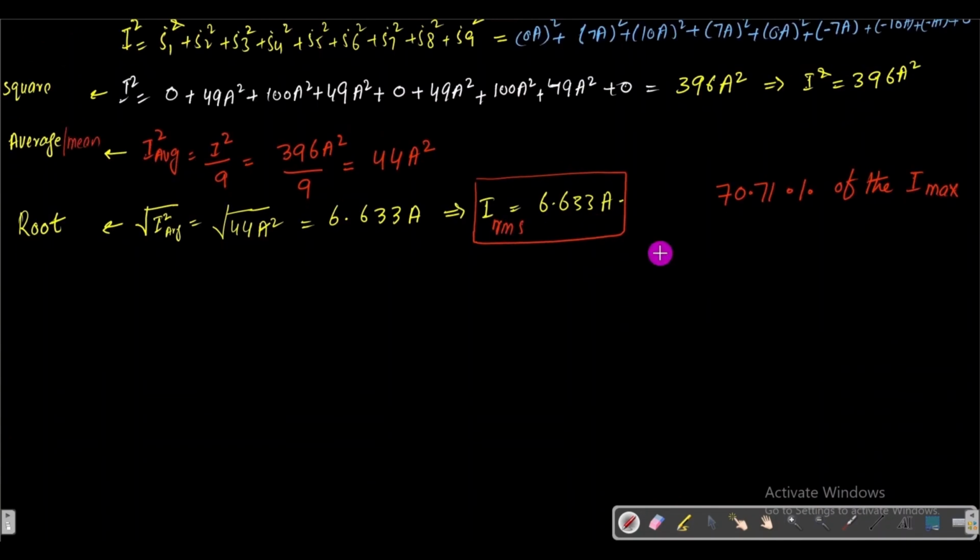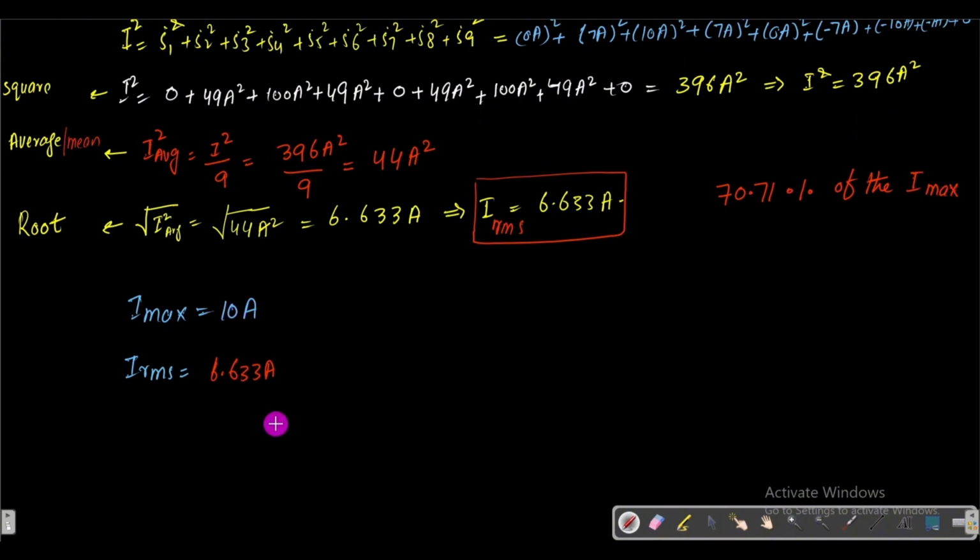So here the maximum current I maximum is equal to 10 ampere, and this is the I RMS. I RMS is equal to 6.633 ampere. So this is actually 70% of this maximum value.